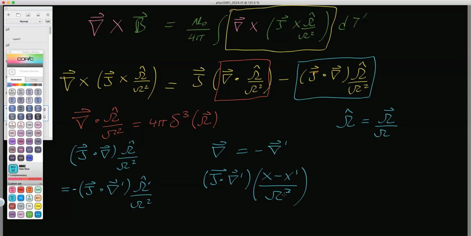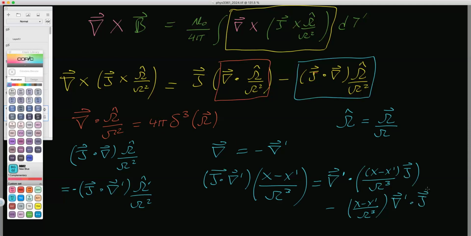Okay. And then I can now use a product rule again to write this as del prime dot x minus x prime over omega cubed j minus x minus x prime over omega cubed del prime dot j.